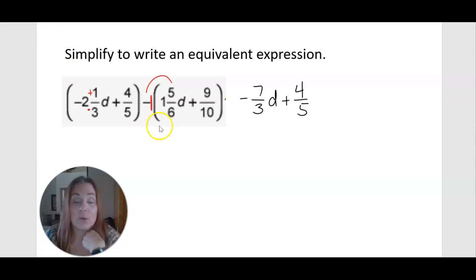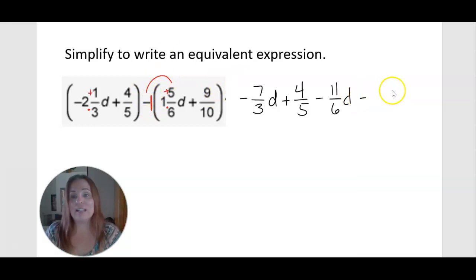So negative 1 times 1 5/6 would make it negative times a positive. So it's going to be negative, but I'm going to write it as an improper fraction. So 6 times 1 plus 5 gives me 11/6. And like we said, it's going to be negative 11/6 because I multiplied it by negative 1. Then when I distribute the negative 1 to 9/10, I get negative 9/10.